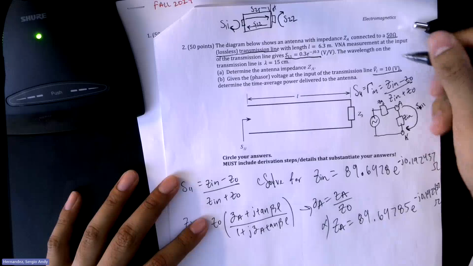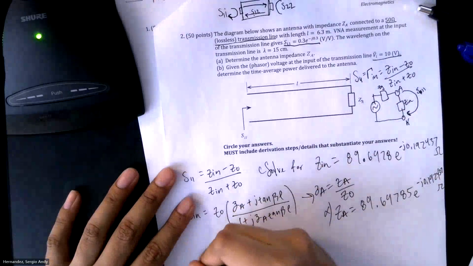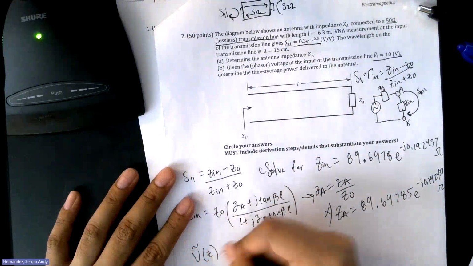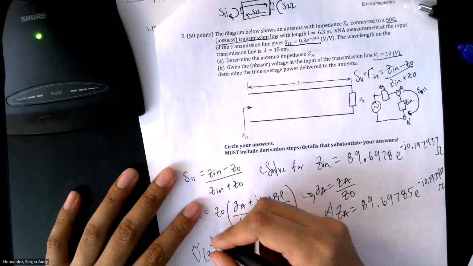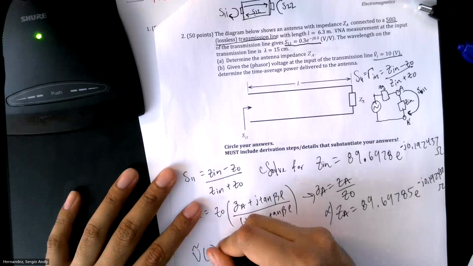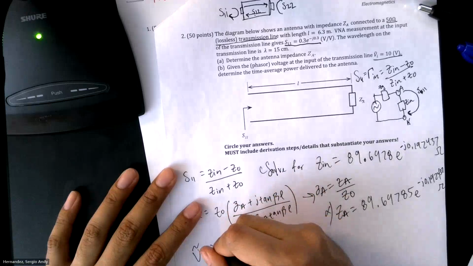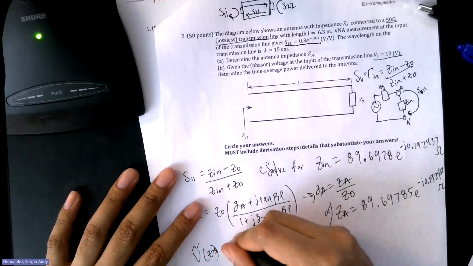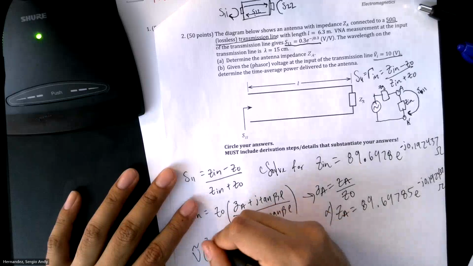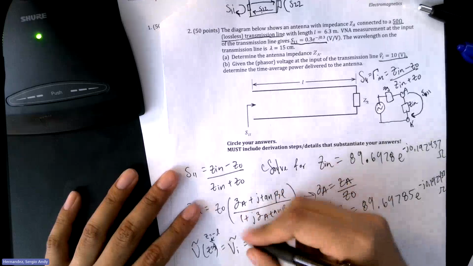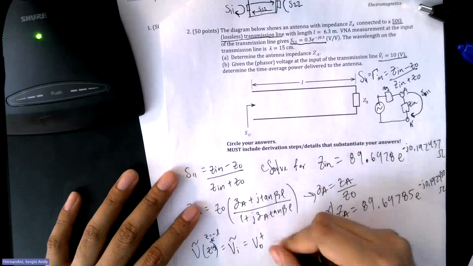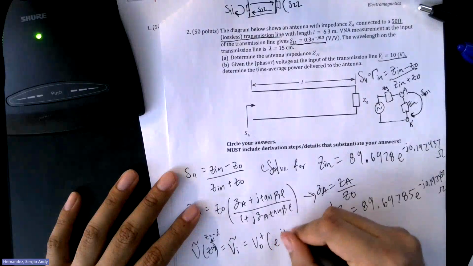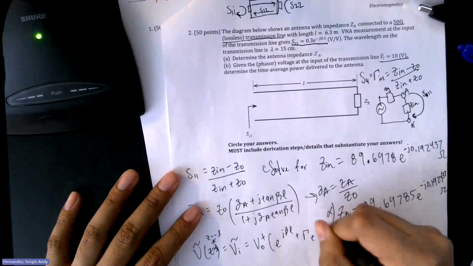So for part B, you're given VI. So you already know, using the telegrapher's equation, that I equals negative L... and then choose your V naught plus e to the j beta L plus gamma e to the j.